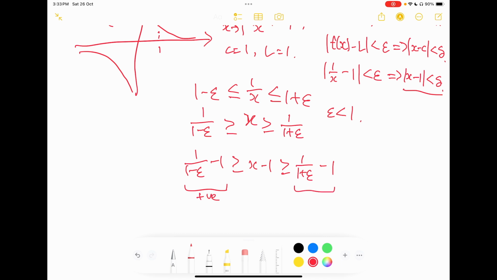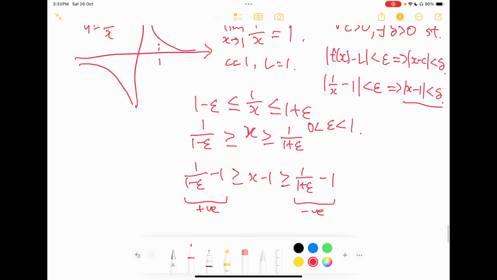But this is a negative number. Why? Since epsilon is less than 1, but it's still a positive number. It's greater than 0 because we established that in the definition, right? That means that this value is definitely less than 0. So this is negative, this is positive.